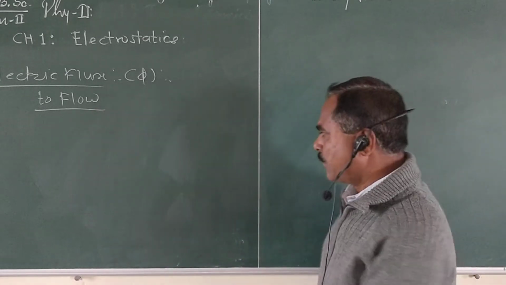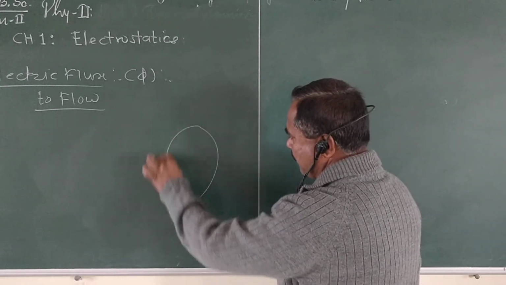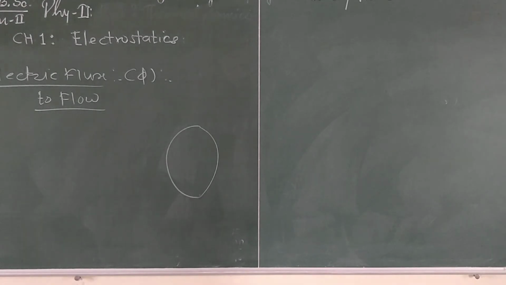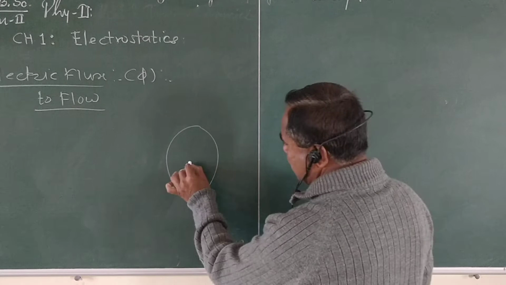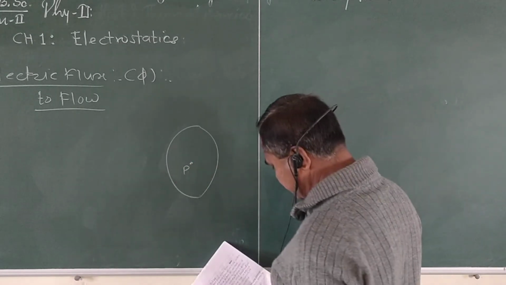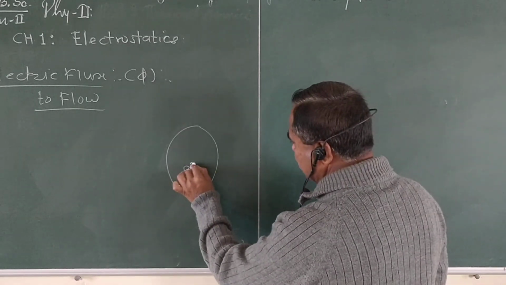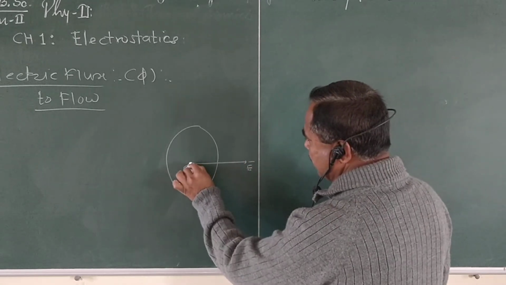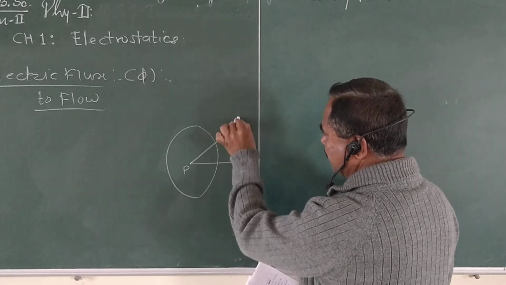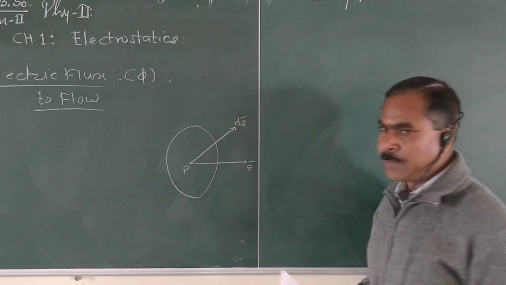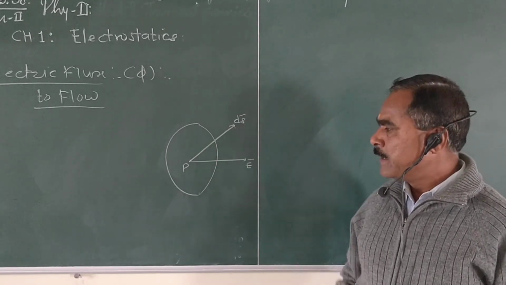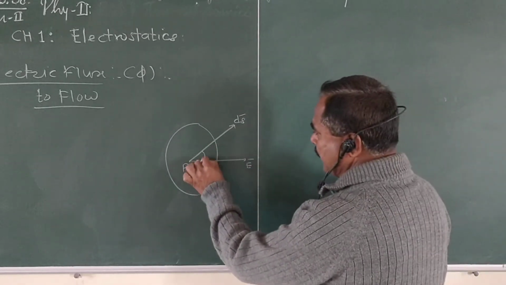For that we consider a diagram where we have to calculate the flux, and consider point P. This is the direction of electric intensity, and this is the normal to the area, denoted by ds bar, and this is the angle theta.